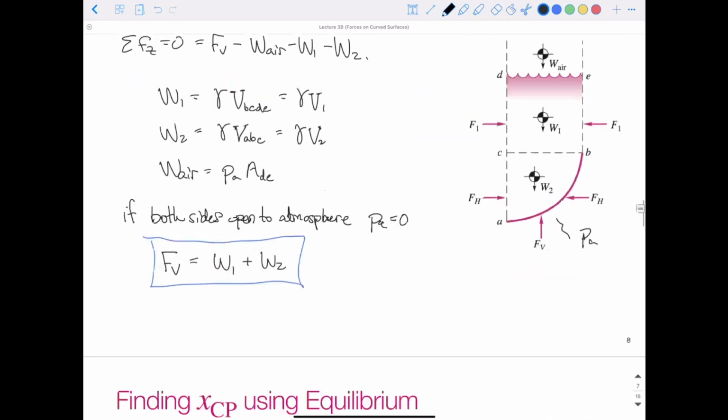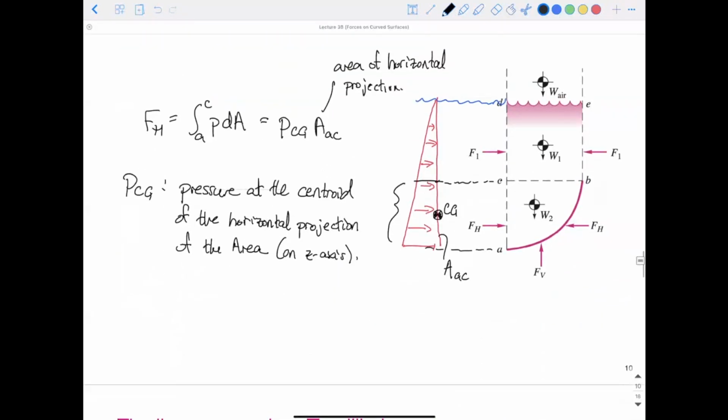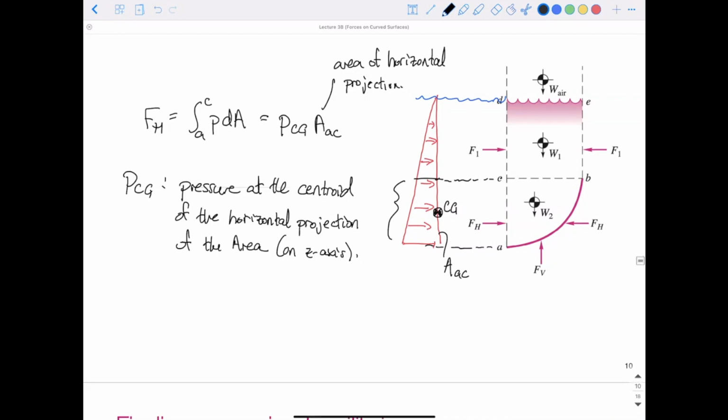So that's all we mean: the area that you would see if you were to view this from the side. And that horizontal projection area is area AC.